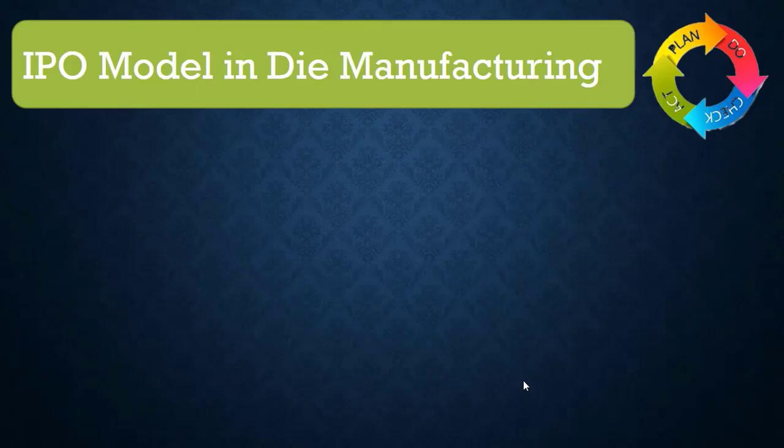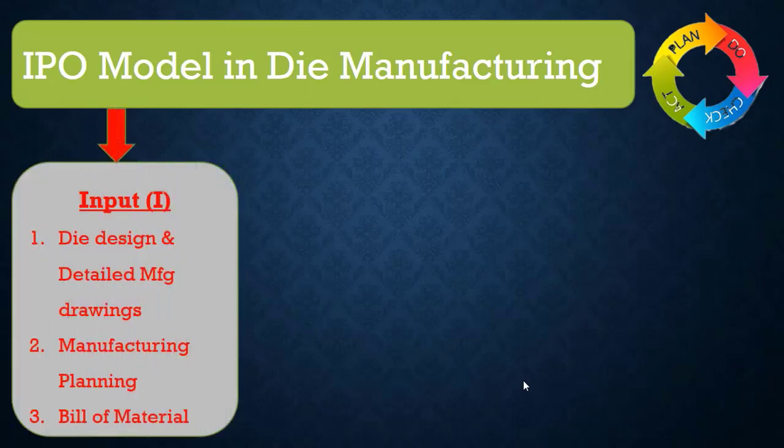So I bring a concept of IPO model in die manufacturing, that is nothing but input, process, output. The similar concept I have shared in my previous modules also, because every output is dependent on multiple inputs and processes. So in our die manufacturing, inputs I considered: die design and detailed manufacturing drawings, number 2, manufacturing planning, number 3, bill of material.